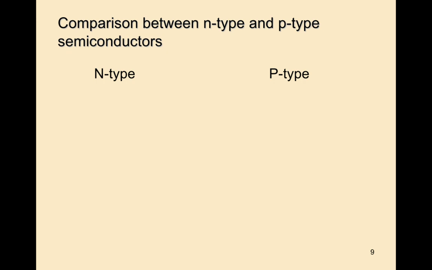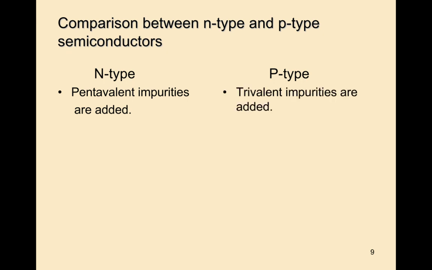So see the differences. First point: pentavalent impurities are added to get n-type, and trivalent impurities are added to get p-type. This is the first difference.